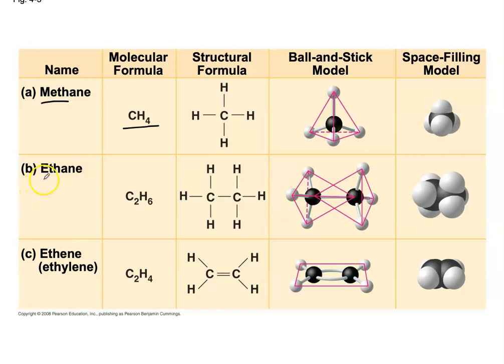If I have 2 carbons, the prefix is eth. 3 carbons is prop. 4 is but. 5 is penta. 6 is hexa.